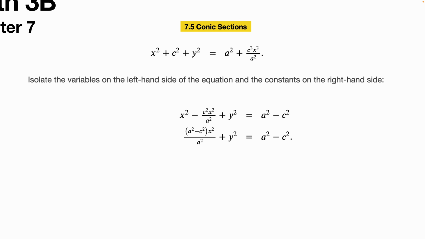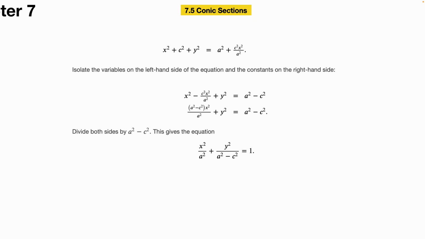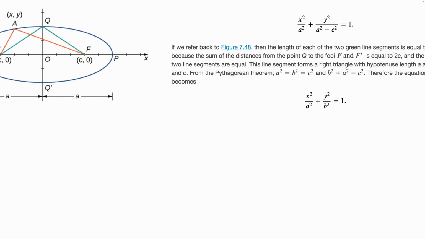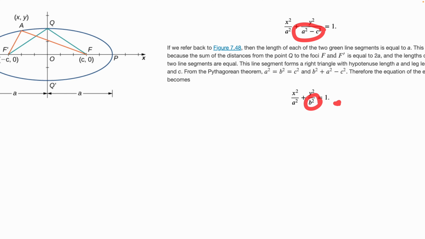So here's what we just did. Here we go. Here's what we just did. We were at that form, and then we were able to find that a squared minus c squared takes the form of b squared. Oh, the book. Poor book. Lots and lots of typos. A squared minus c squared is b squared, and so we've come up with a nice form.